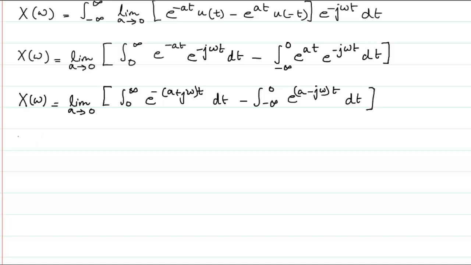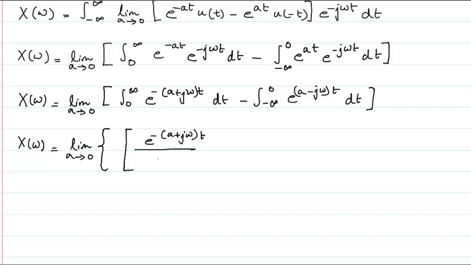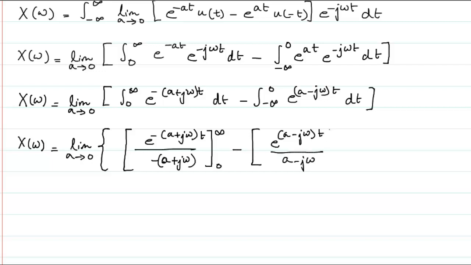From this I get X of omega equal to limit a tending towards 0, and the integration is e raised to power minus (a plus j omega)t divided by minus (a plus j omega), with limits 0 and infinity, minus e raised to power (a minus j omega)t divided by (a minus j omega).